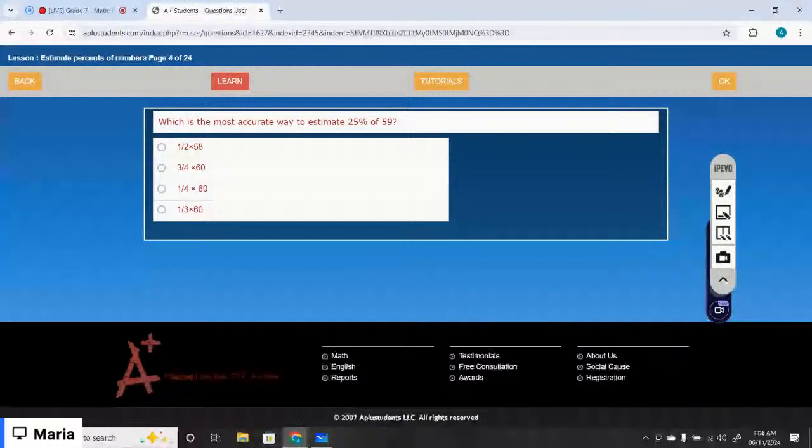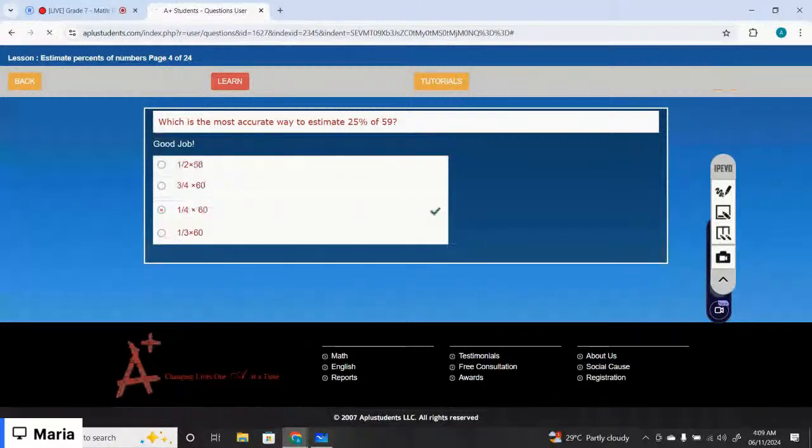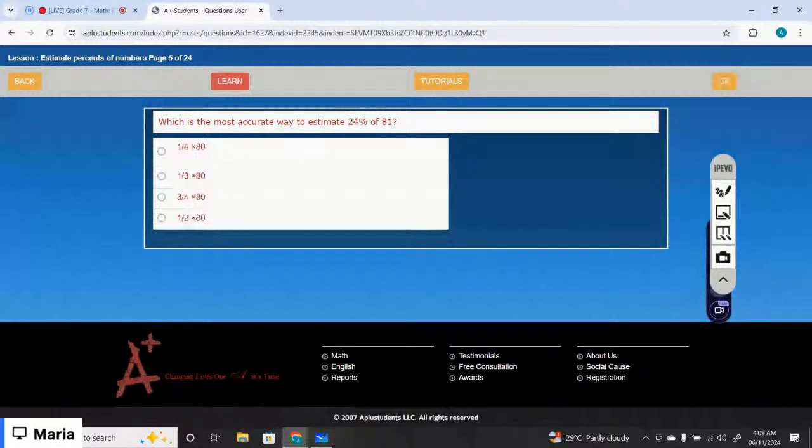So, which is the correct option? 25% of 59 is 1 by 4 times 60. Option number 3 is the correct option.